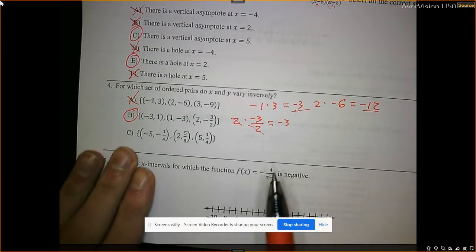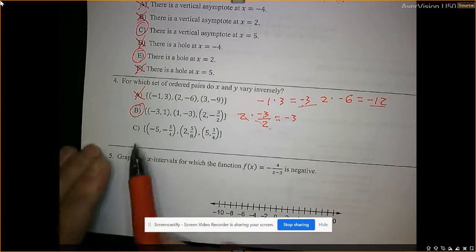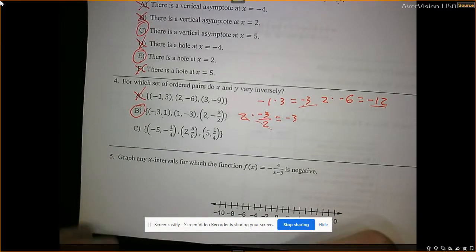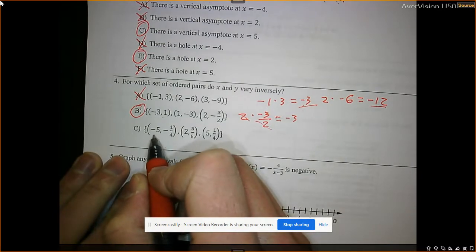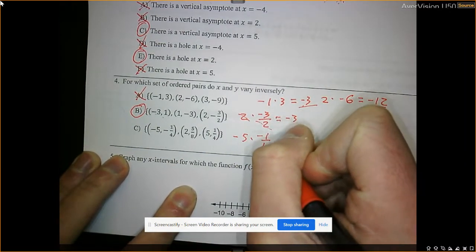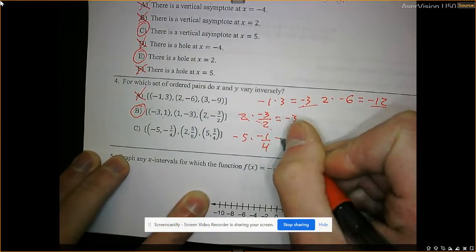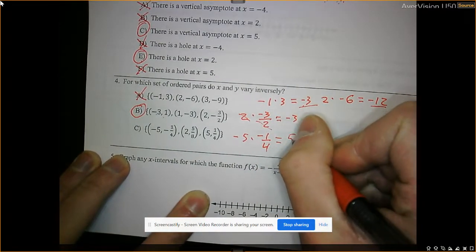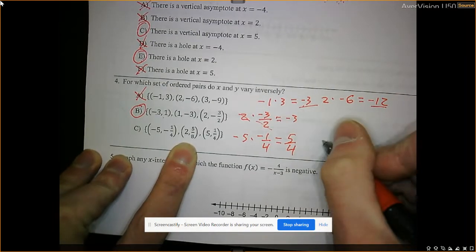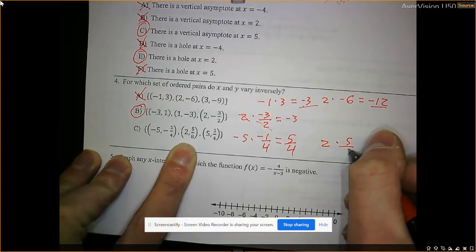Okay, again, if you were trying to figure out what I meant by multiplying x by y, pause, do C on your own now to see if it is or not. Okay, negative 5 times negative 1/4 is what we're starting off. That's going to be 5 over 4. Then I go to 2 times 5 over 8.